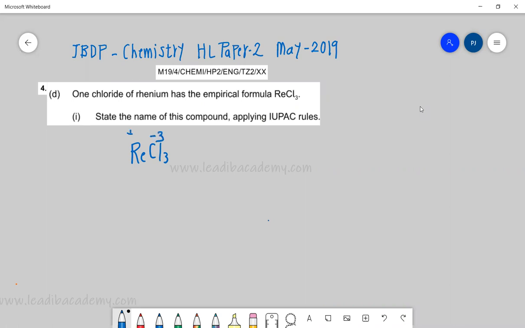That means rhenium will have an oxidation state or oxidation number of +3. That means we can say this is rhenium, write down the Roman numerals, chloride. Very, very simple.